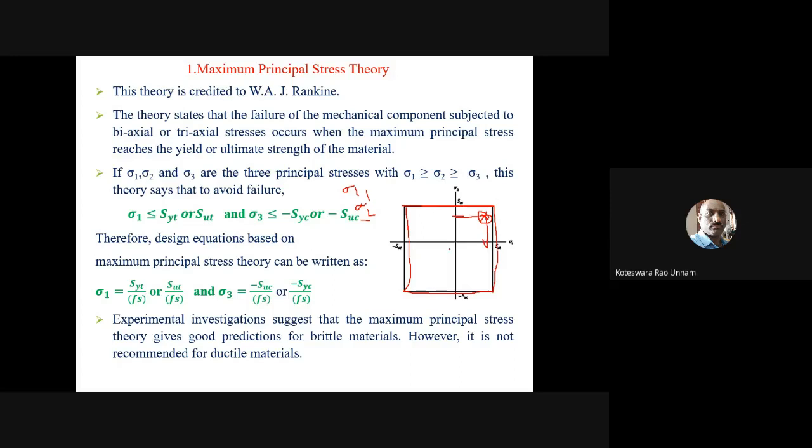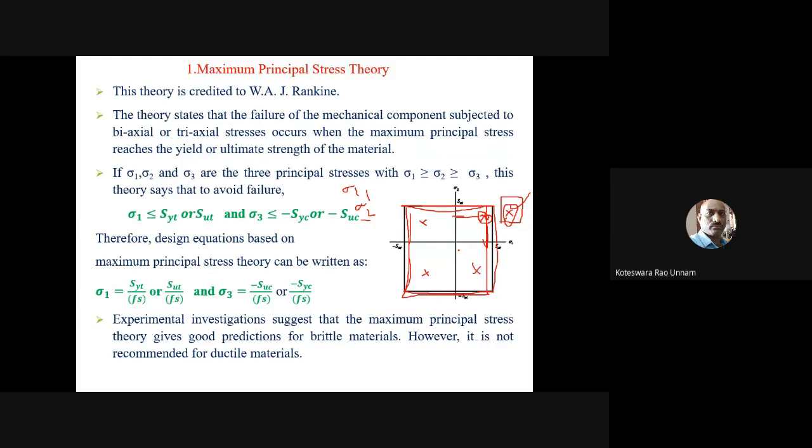But suppose the stress is something like 300 MPa for sigma 1, then my point comes here, and it is going to fail. It means your design is not correct, or your component is going to fail for the given loading. So geometrically also you can decide. Once you construct this failure envelope, if your design point lies within it, your component is safe.